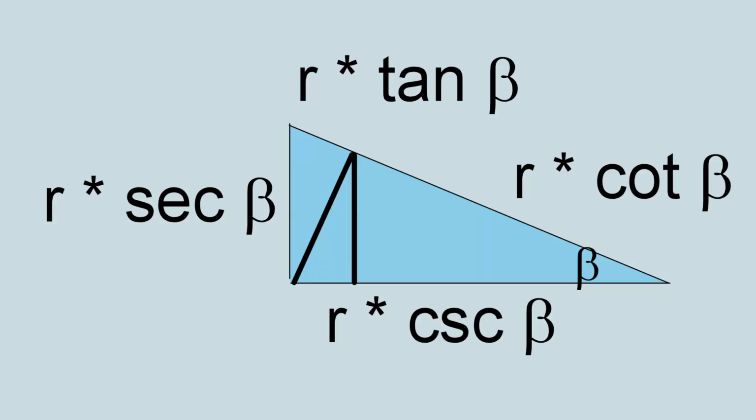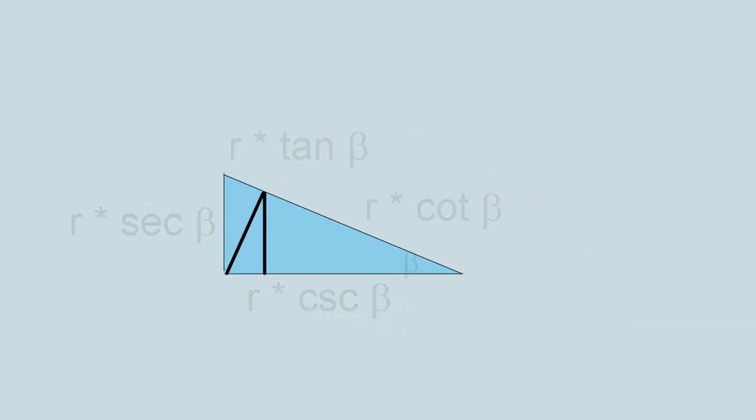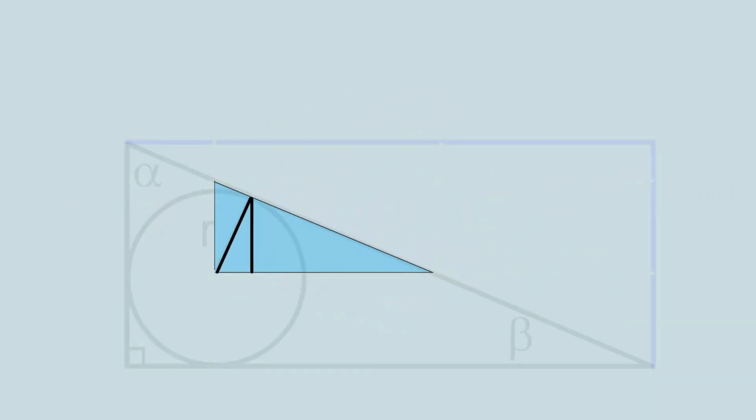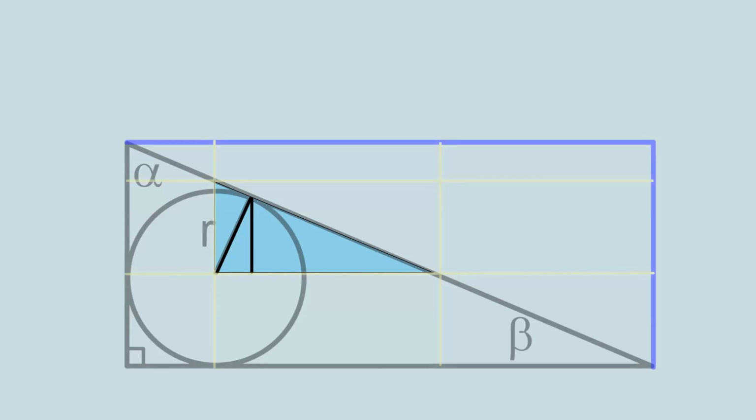So having determined the dimensions of the erroneously included triangle, let's now take a look at the second neglected triangle at the bottom. And once again, we see that it has a leg equal to r, and this angle must be alpha because it is next to an angle beta, and the angle opposite that must be beta.